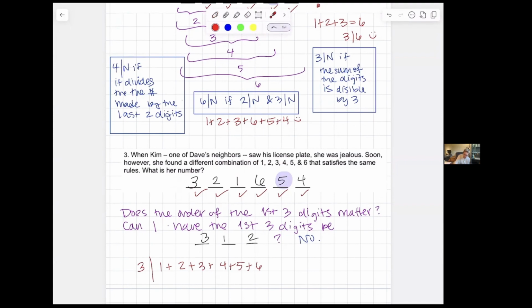And so whenever I add the digits, no matter what order, it's a number that's divisible by three. So actually, all I need to check for this last term is that it is even, right? That this thing is divisible by two, because I need this whole number to be divisible by three and by two. No matter what order I put these numbers in, it's going to be divisible by three. So I only have to check that this thing is divisible by two.